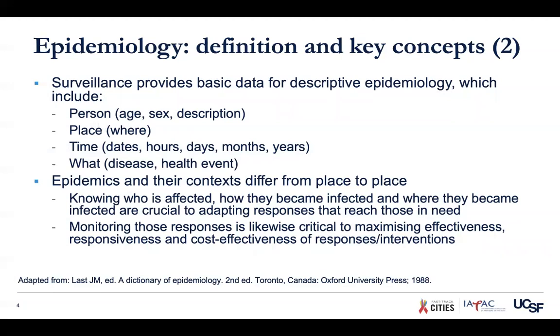So we typically include what we call descriptive or demographic data about the person, their age, their sex, their descriptions like occupation, for instance, a place, which can be anywhere from a region to a country to a subnational region to a city to a neighborhood to a block. We also look at time, which can be dates, hours, months, years, days.